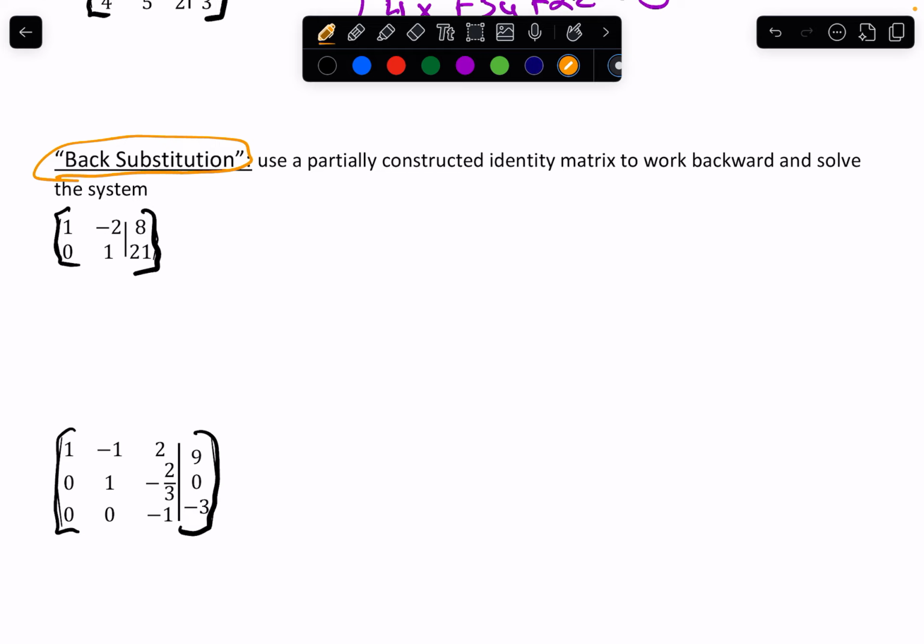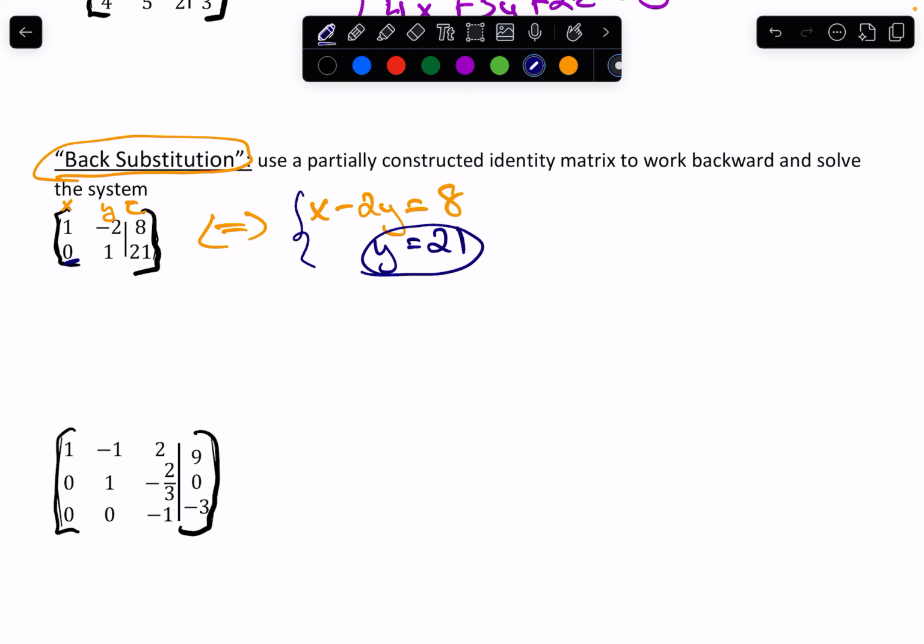So if we look over here again, we've got x, y, and our constant. We can write the first row as an equation, x minus 2y equals 8. For our second row, the coefficient is going to be 0 for x, so it's just y equals 21. So we're going to substitute the 21 in where we have the y.